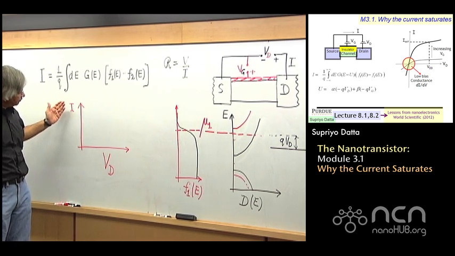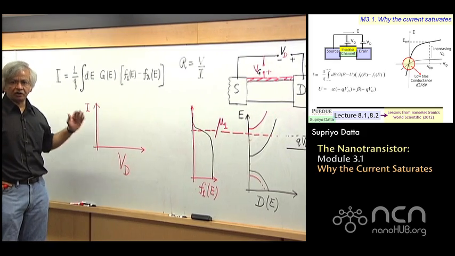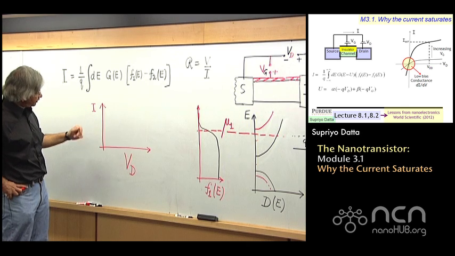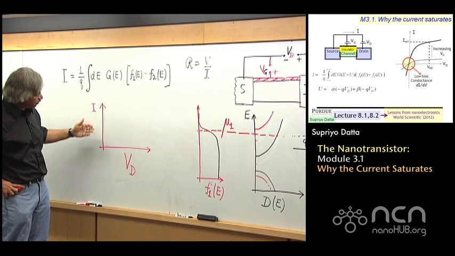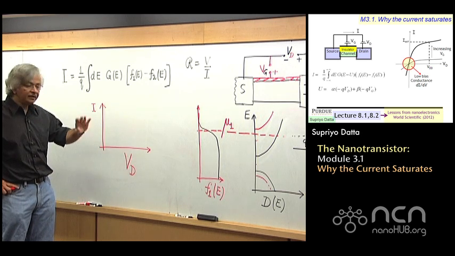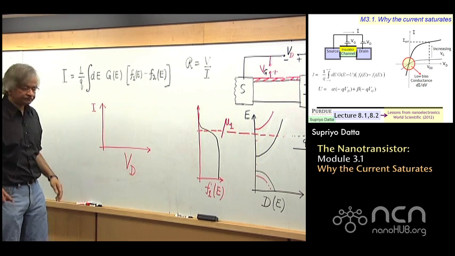You could either plot current versus drain voltage or current versus gate voltage. And both are done. What I'm trying to show is what it would look like, the current versus drain voltage, keeping the gate voltage fixed.